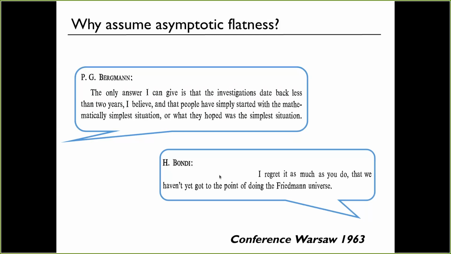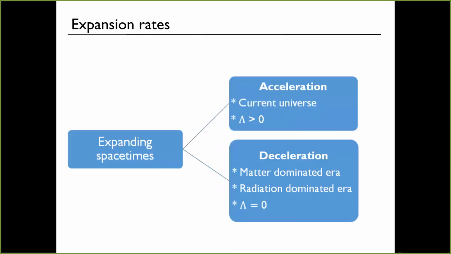To which Bondi added: indeed, I regret it as much as you do that we haven't gotten yet to the point of doing the Friedmann universe. And that's more or less where things left off and stayed until the 60s and hadn't really drastically changed.